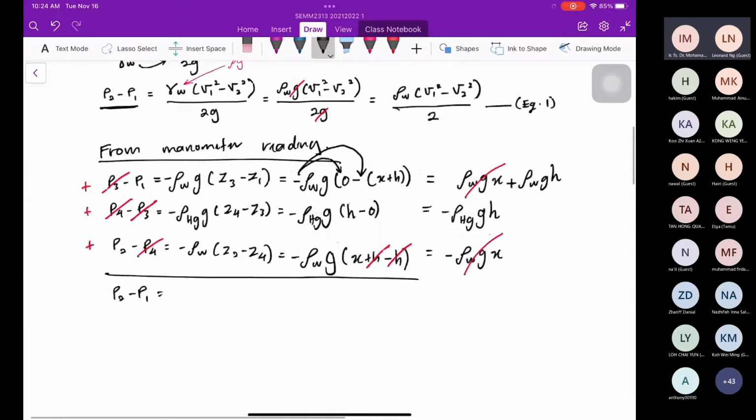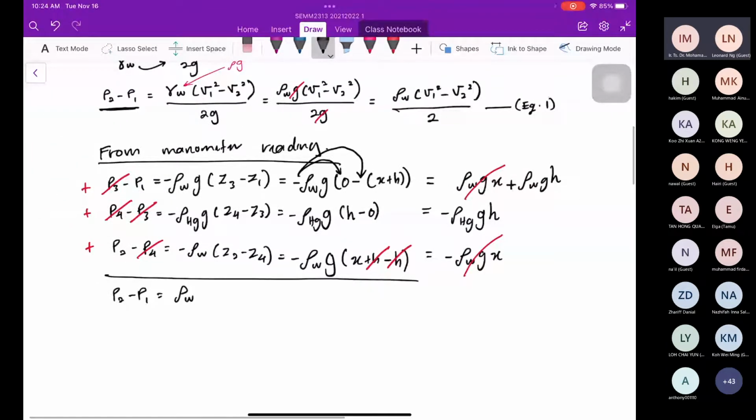So rho of water, gravity H minus rho of mercury, gravity H. So P2 minus P1 equal to H g, rho of water minus rho of mercury.